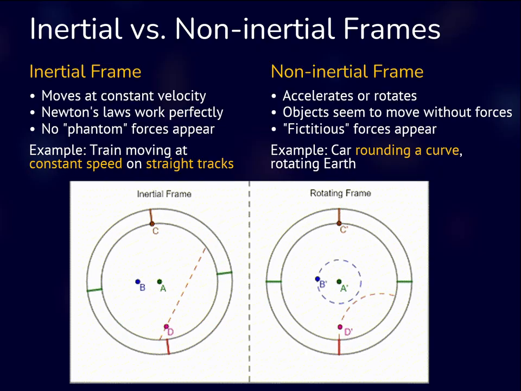For example, when a car takes a sharp turn, you feel like you're being thrown to the side. That sensation isn't caused by a real force, it's the result of your non-inertial frame of reference. These fictitious forces help us understand motion from within a non-inertial frame, but they don't exist in the same way as gravity or friction.